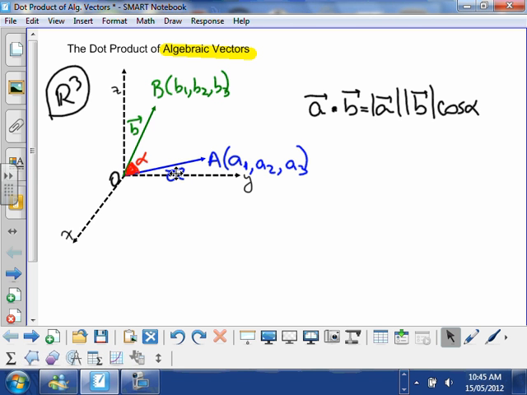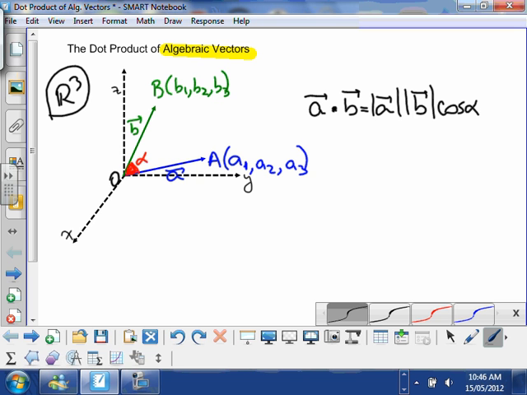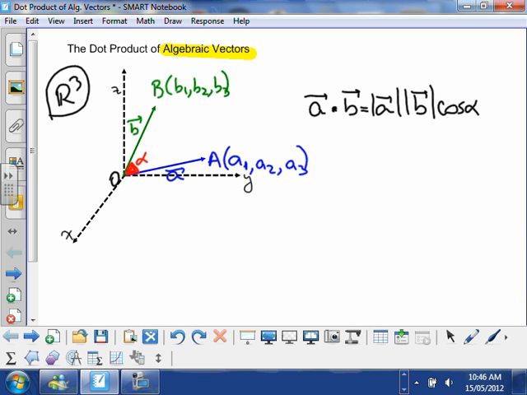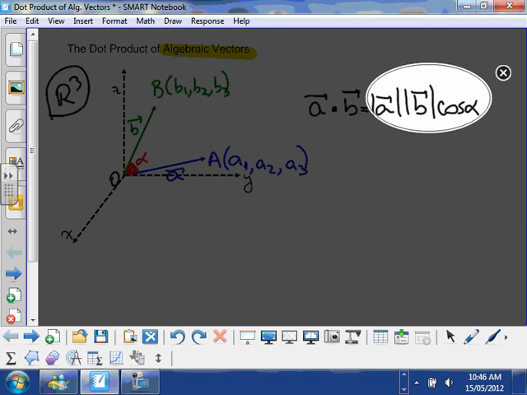Let's take a look at the definition of the dot product. What do I see? Have I ever seen in my life this part over here, nothing else but magnitude of A times magnitude of B times cos alpha? Have I seen that before?